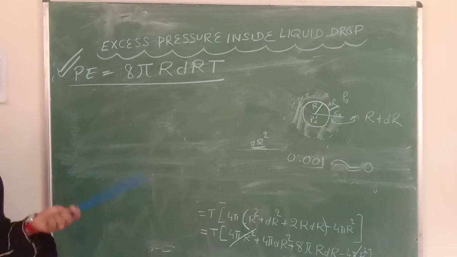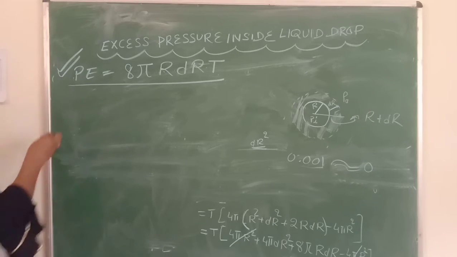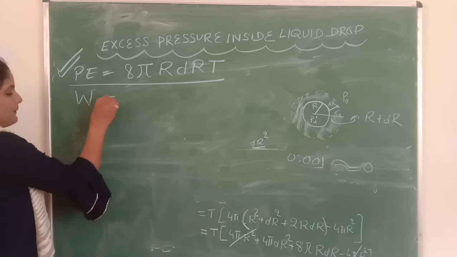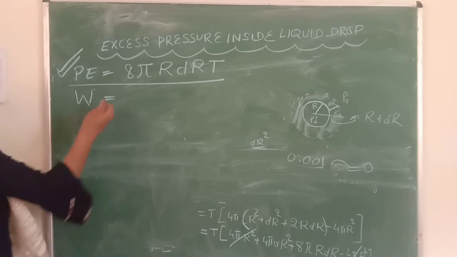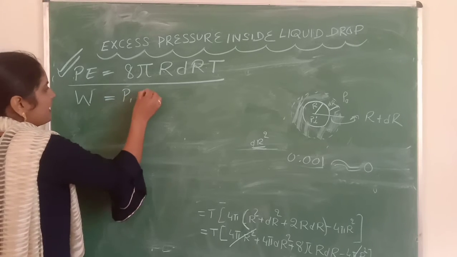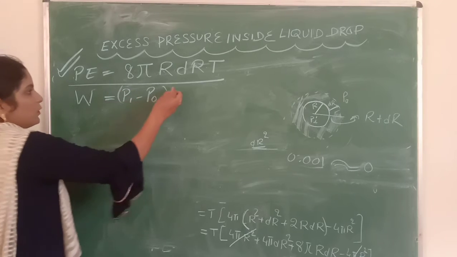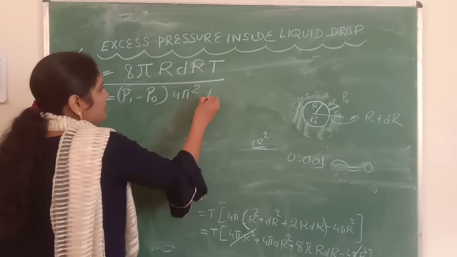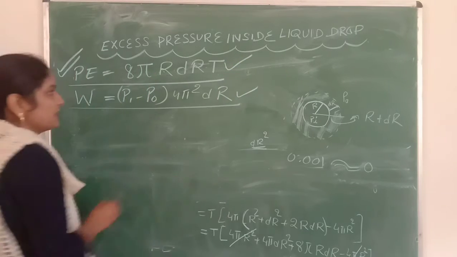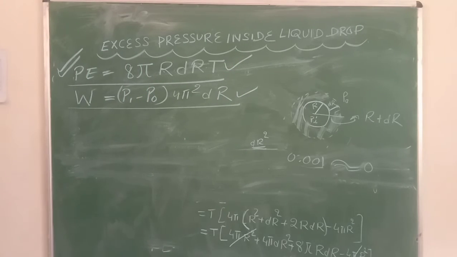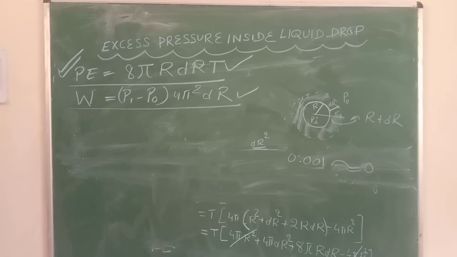Work done I have already calculated. I have erased that, so once again I am writing work done, which we have already calculated, that is equal to force into displacement, meaning Pi minus Po, 4 pi r square dr. This is work done, this is potential energy, and you know that according to conservation of energy both will be the same.